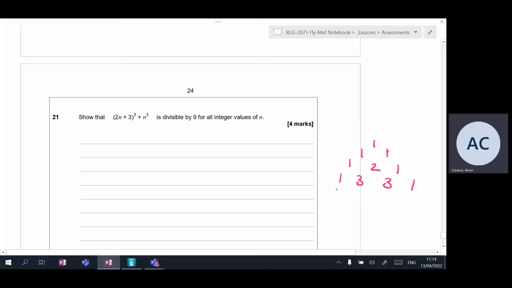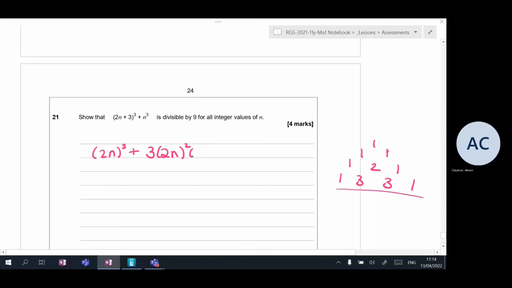If we're doing a cubed, we know the coefficients are going to be 1, 3, 3, and 1. That's going to be 2n to the power of 3, and then 3 lots of 2n to the power of 2 multiplied by 3, 3 lots of just 2n to the power of 1.